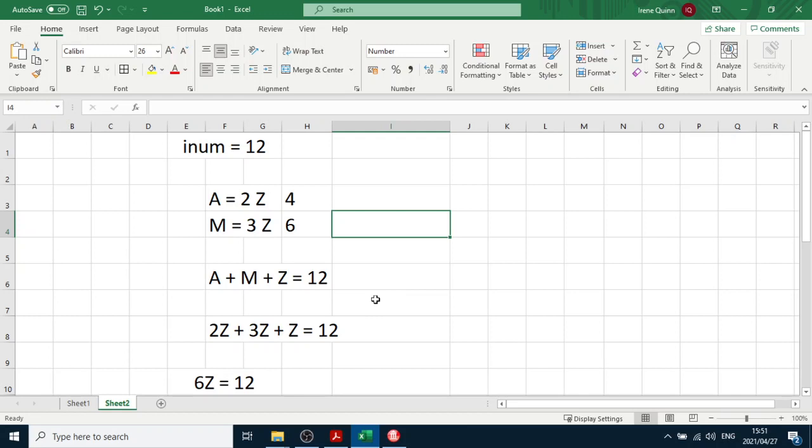Now, how do we convert that to programming code? Of course I'm going to use variables A, M, and Z, and I will do a mathematical calculation just as I'm doing it here, and then we will see what happens.